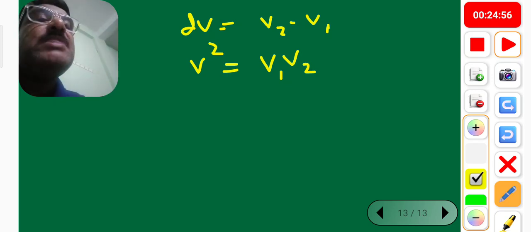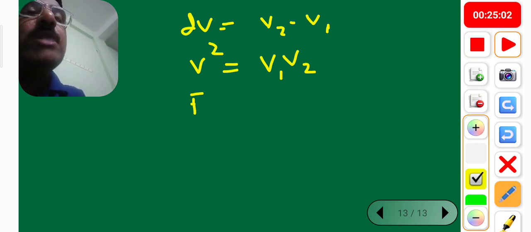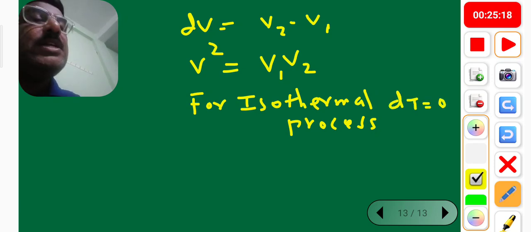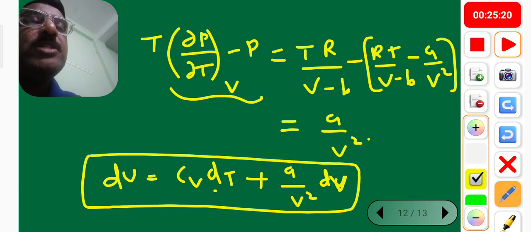For an isothermal process, dT is equal to 0, so the Cv dT term becomes 0, and this term I rewrite.